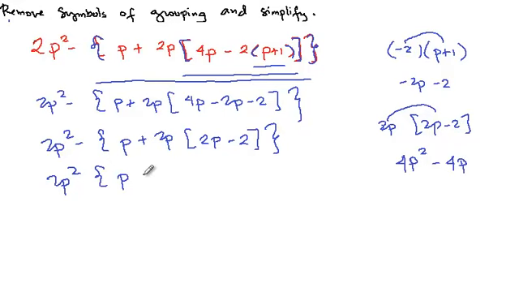So therefore that is plus 4p squared minus 4p. Now, you simplify this further. We need to be very careful with the minus. So how do we simplify this further?